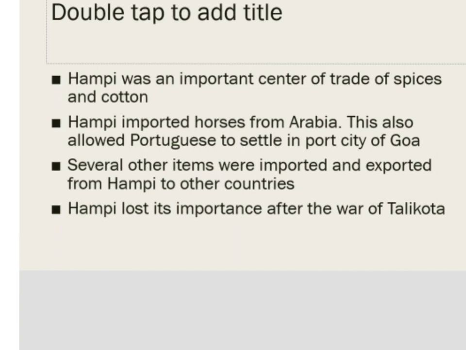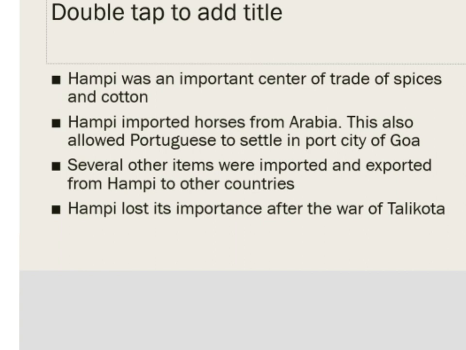Hampi imported horses from Arabia. This also allowed the Portuguese to settle in the port city of Goa. Let me make it clear. When we talk about Islam in the Indian subcontinent, it came from Arabia, with Muhammad bin Qasim.